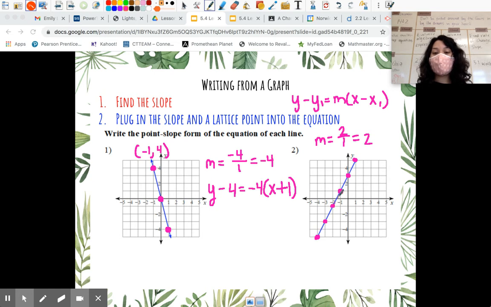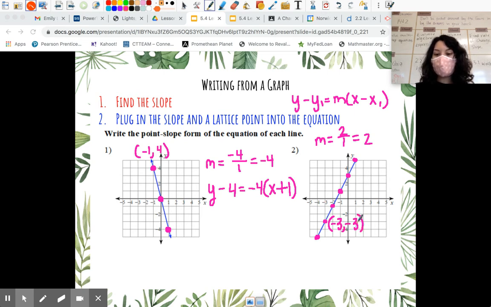And again, look at how many lattice points we could plug into our equation here. We have 1, 2, 3, 4, 5, 6. 6 answers that could be different here, and all of them would be correct if we substituted correctly. I'm just going to pick this ordered pair right here, no rhyme or reason. That's the ordered pair (-3, -3).